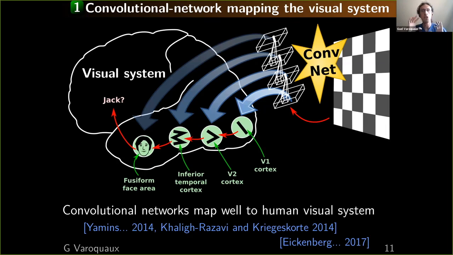We're basically going to show images to people, and we're going to feed those images in a convolutional neural net. We're going to obtain transformations of those images, so representations. The lower level ones will be edge detectors, and as we go, we'll have more and more complex representations. And then we can ask, do those representations explain brain activity well? And when we're doing this, we're using an encoding approach.